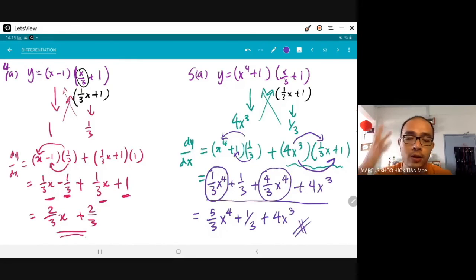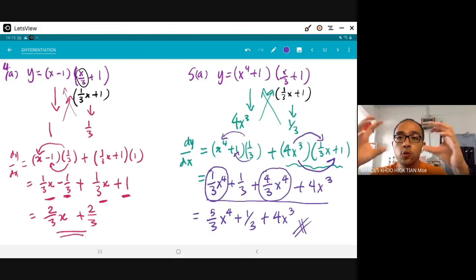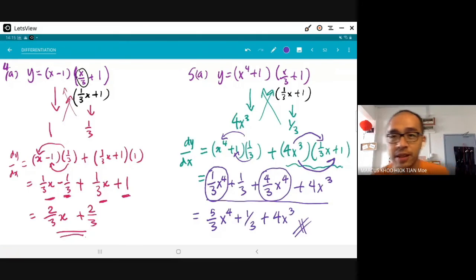Okay, but this is the basics of it. So this is product differentiation. When the two brackets are multiplied together. Okay, product differentiation.